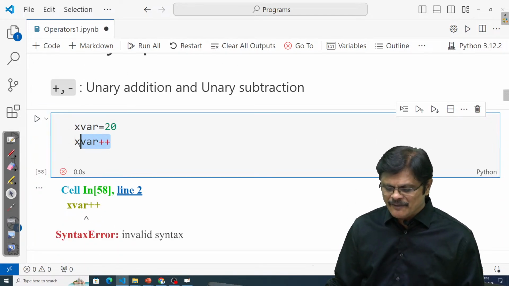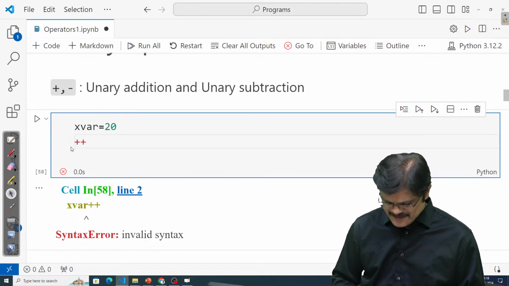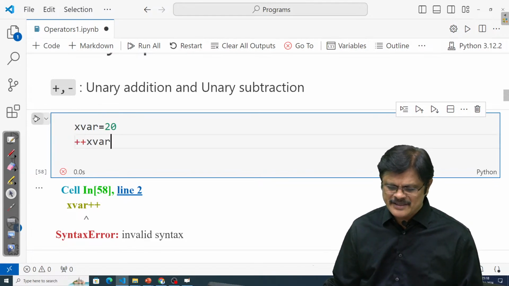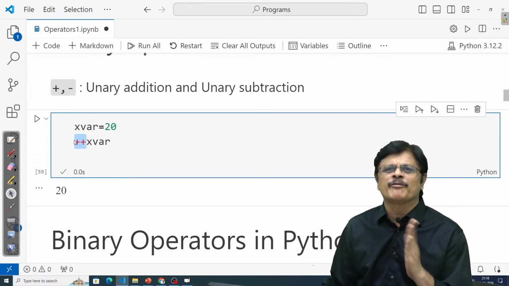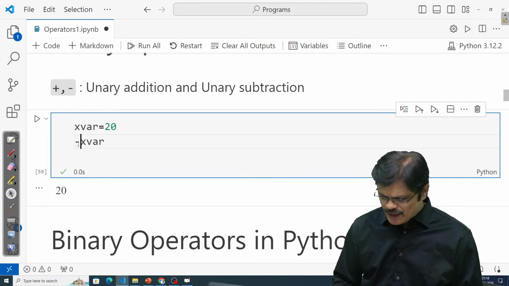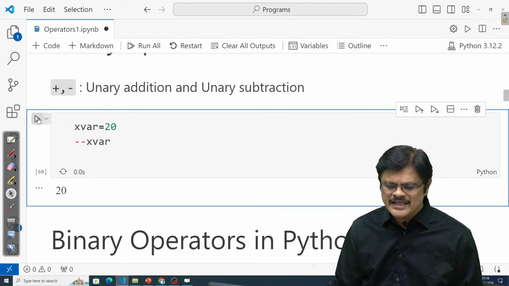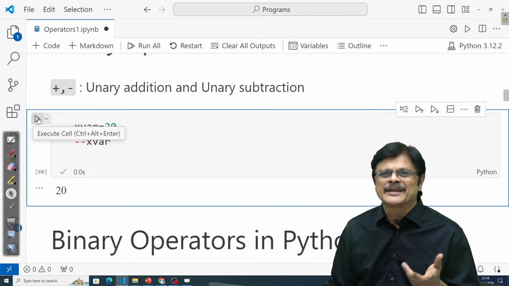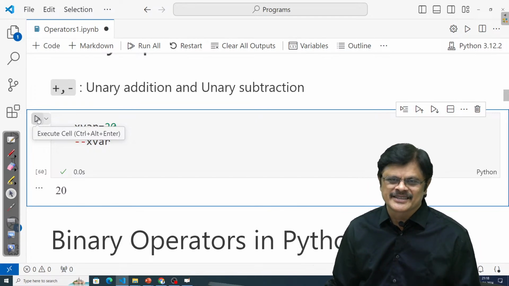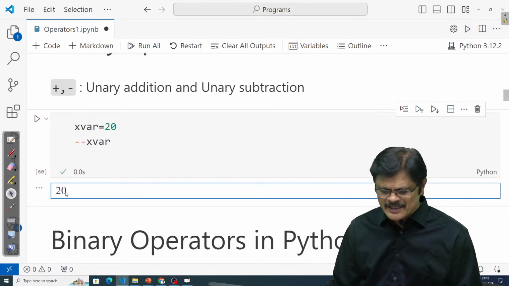Maybe if you write plus x variable, what happens? It works because plus is just considered as plus of x variable. Even you can have minus minus variable, it is not considered as a prefix operator, sir. It is just a minus operator. It's like mathematical minus of minus, so it is minus of -20, plus 20 is the answer.